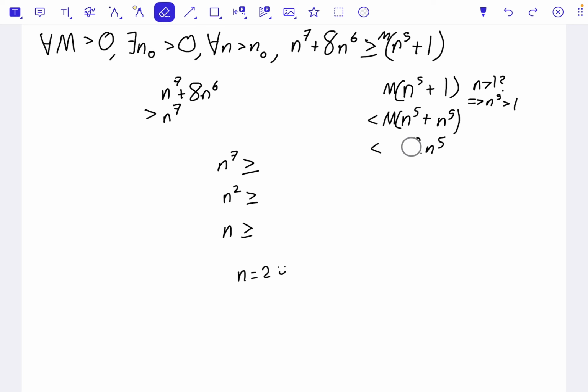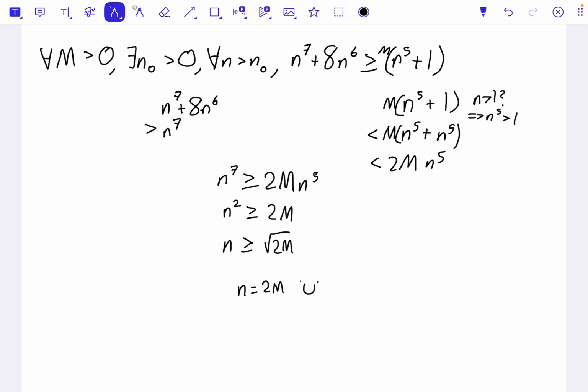Actually, I think I'll write it as 2m instead of m2 to avoid confusion with m subscript 2. Cool.